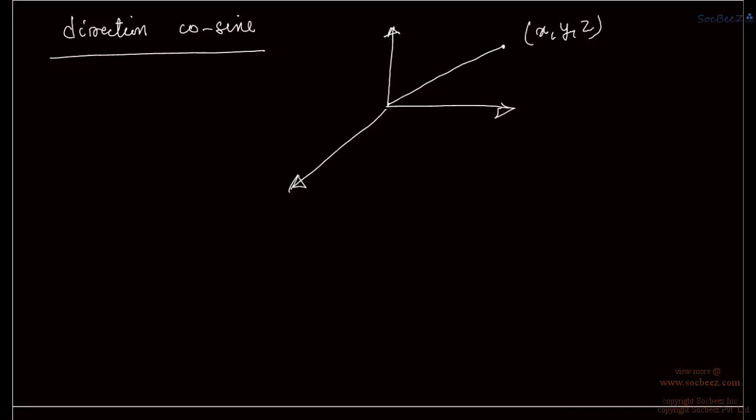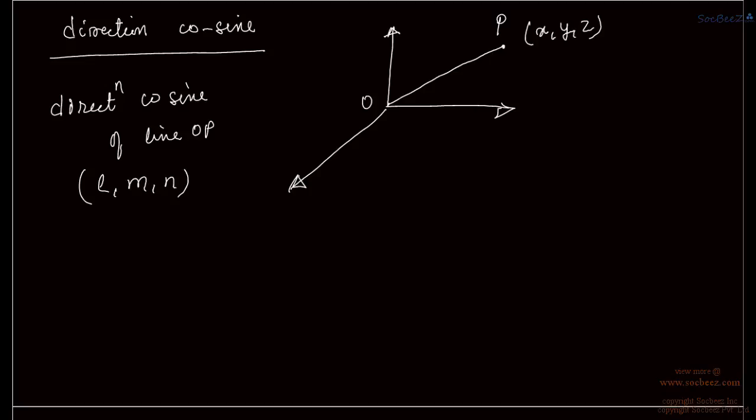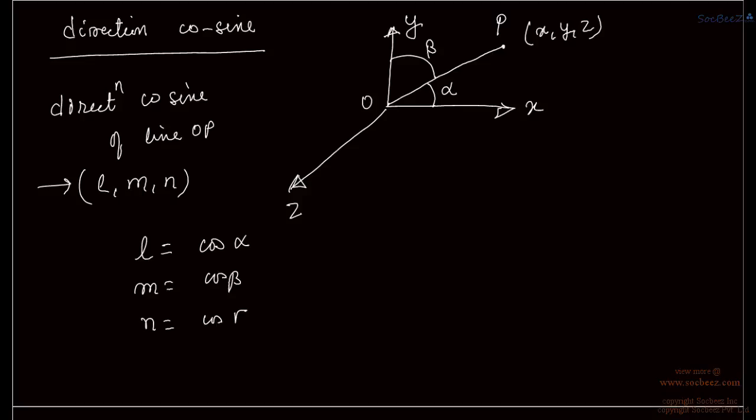So we define, this is point say P. So we define a direction cosine of line OP as L, M and N. Okay, these are the direction cosines L, M and N, where L is equal to cos alpha, M is equal to cos beta, N is equal to cos gamma, where alpha is angle made by x axis, beta is angle made by y axis and gamma is angle made by z axis.